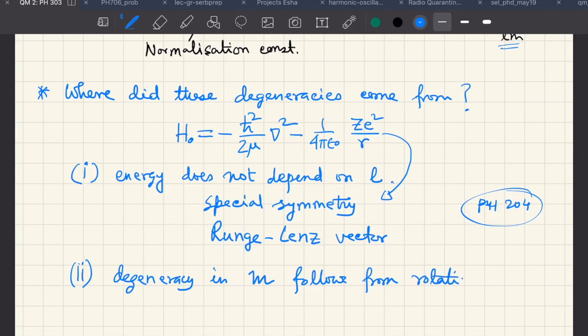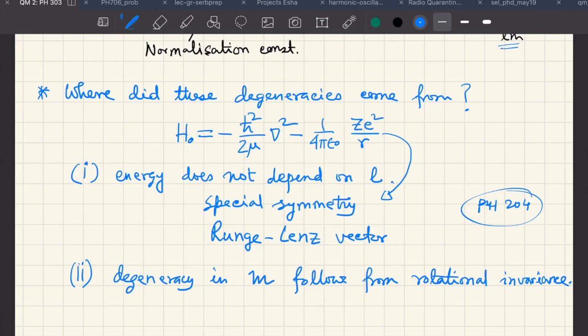We are dealing with a system which has rotational symmetry, and correspondingly there is conservation of angular momentum, and we therefore don't expect it to be lifted unless something breaks the underlying rotational symmetry of the problem.